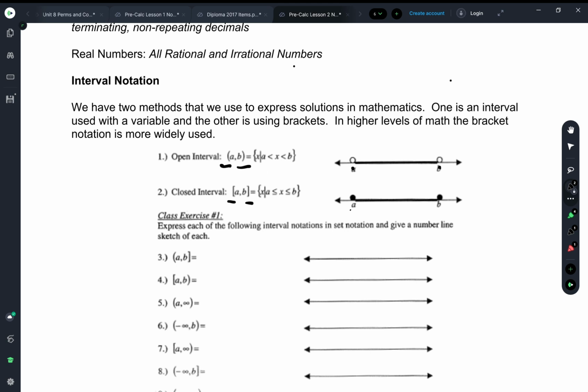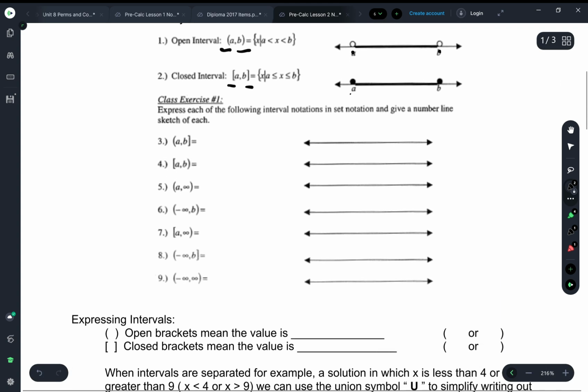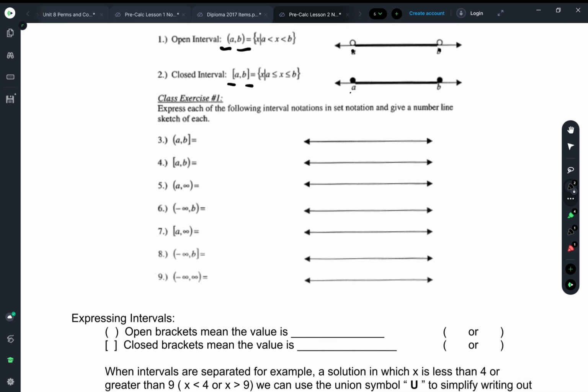Okay, so to go through the class exercise here, just go ahead and make the number lines. For example, I'm just going to put a spot here for A with an open, a spot for B with a closed, and then connect them. And that's all you're doing.